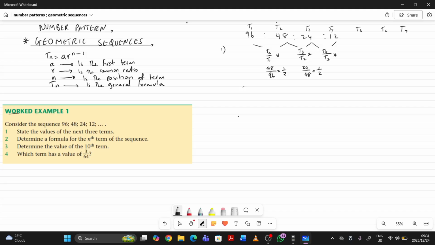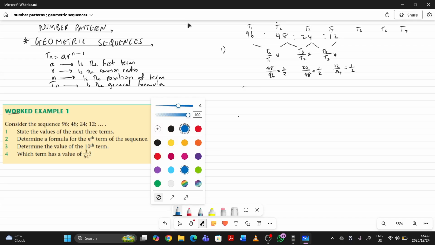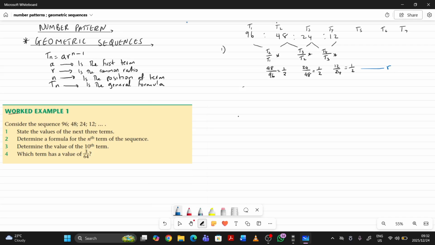T4 over T3 is 12 over 24, which also gives you 1 over 2. So as you can see, the common ratio is the same throughout. This is known as the common ratio r, so we have 1 over 2 here, here, and here.